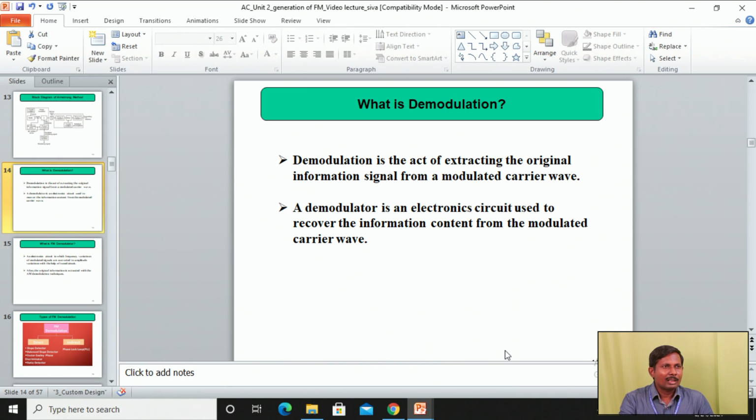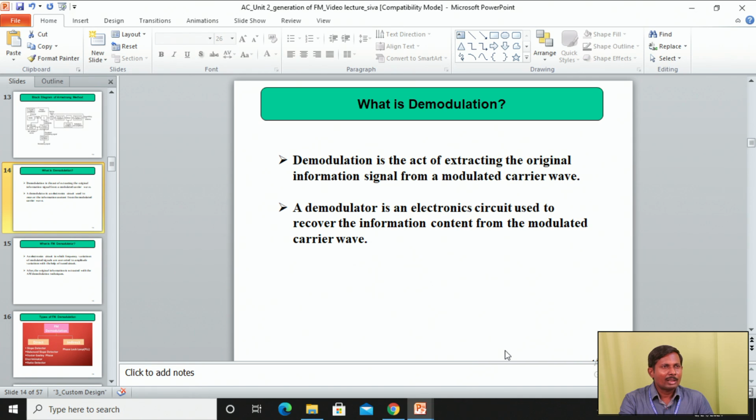In the receiver, we are going to receive the modulated signal, which consists of the carrier as well as the information. We need to extract our original information signal from the modulated signal. That means we need to eliminate the carrier wave which is present in the modulated wave.